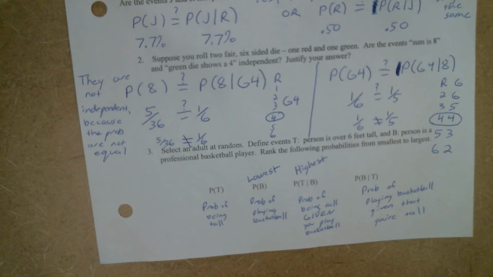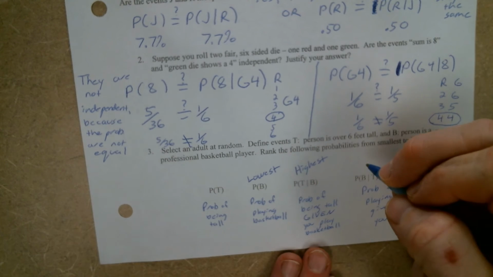We're comparing the probability of being tall to the probability of playing basketball given that you're tall. I would still argue that playing professional basketball is extremely rare, even if you're tall. There are plenty of tall people who don't play basketball.